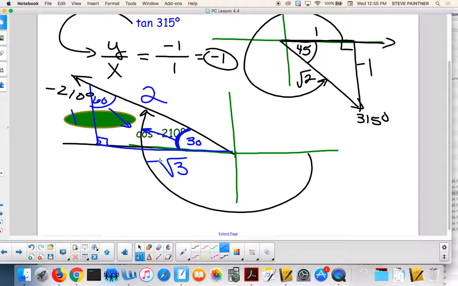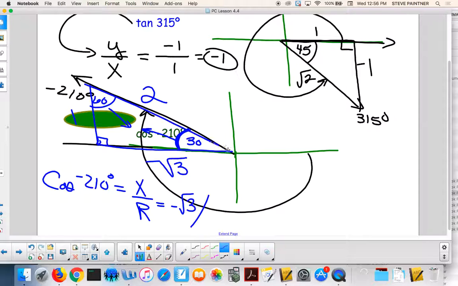Okay, you want cosine of negative 210, which is what over what? X over r. Your x value is what? Negative square root of 3. Negative square root of 3 over 2. Hypotenuse or radius is 2. There it is. Negative square root of 3 over 2 is the answer.